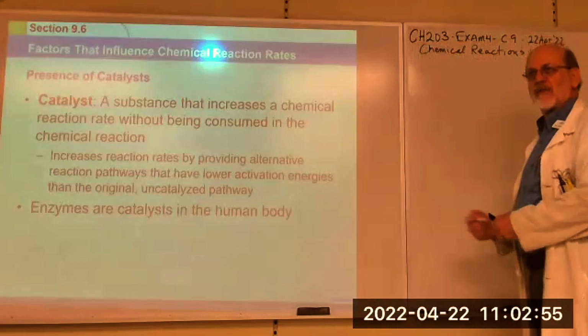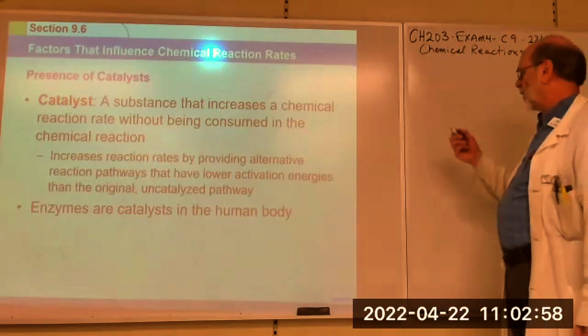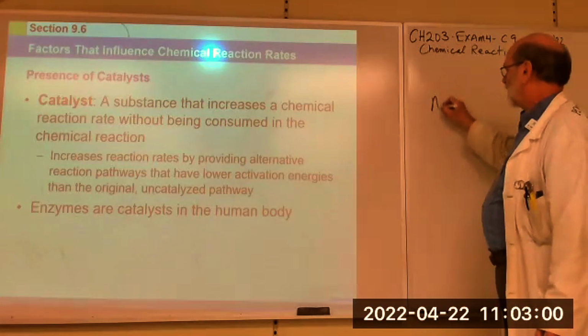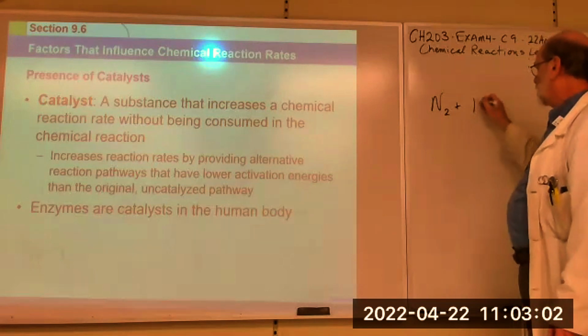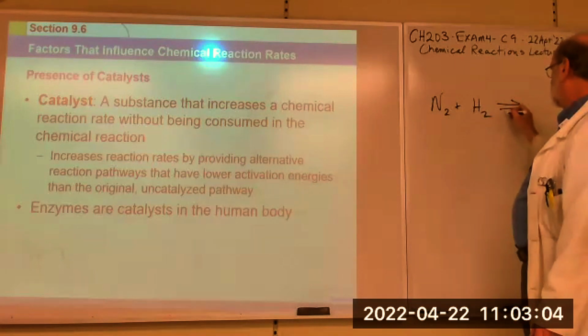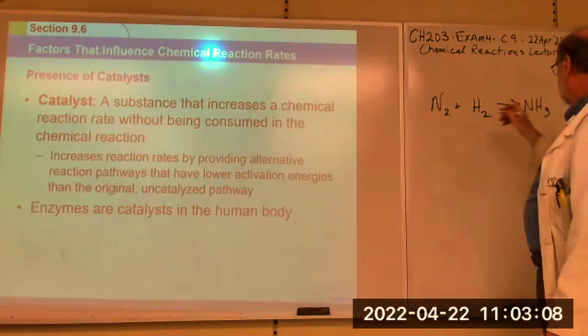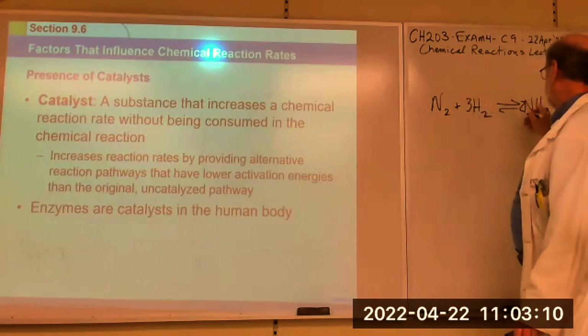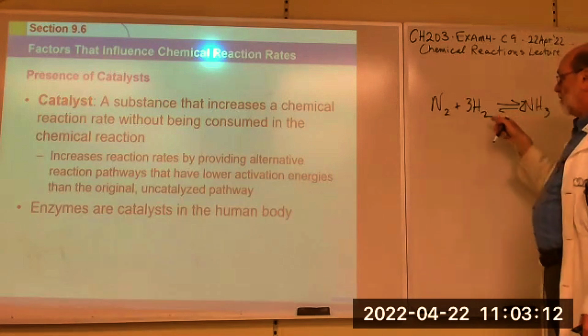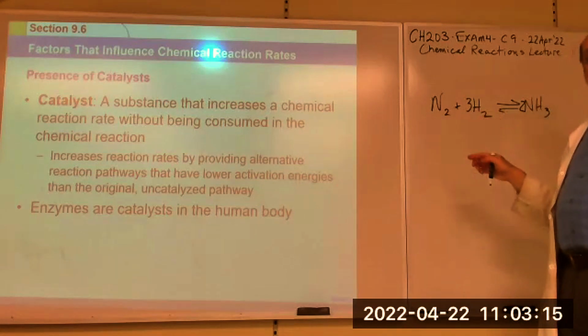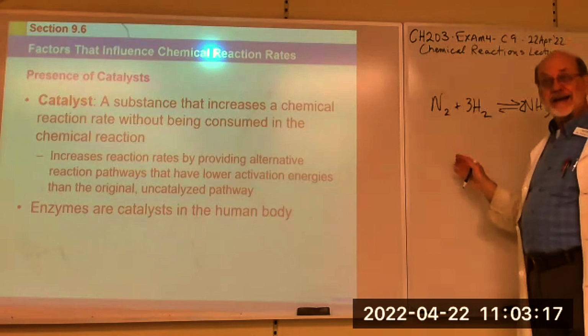Like the Haber-Bosch process, I've used this one before, where you have nitrogen combined with hydrogen to make ammonia. This process is not economically feasible unless you use a catalyst.